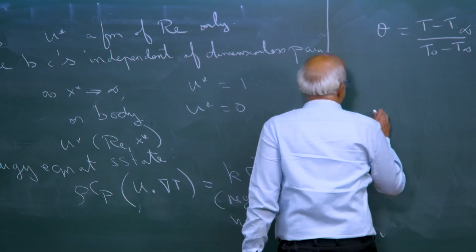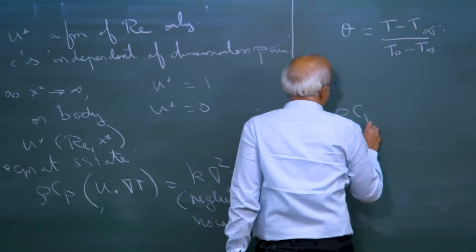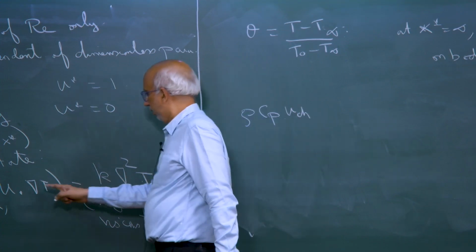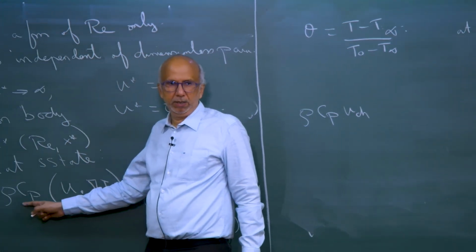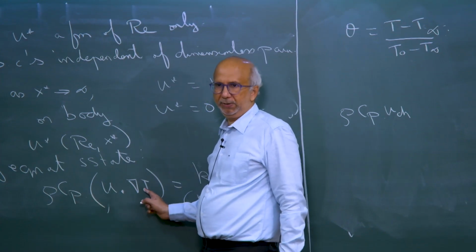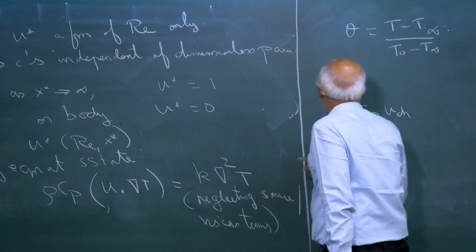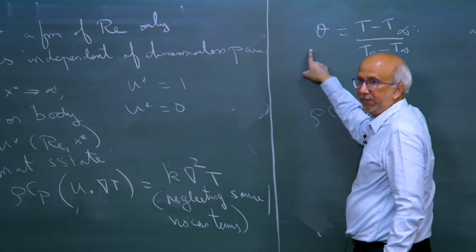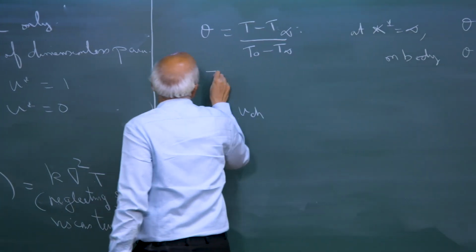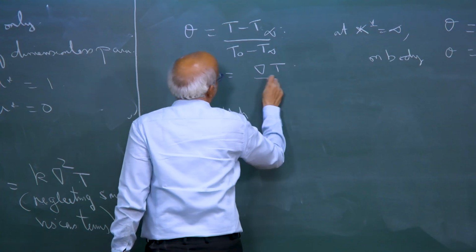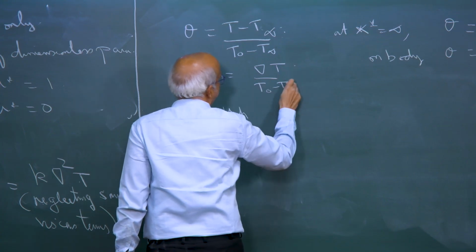So, I again make it dimensionless: rho Cp u characteristic, with L coming out. When I make temperature dimensionless, the gradient of temperature will be T naught minus T infinity times the gradient of theta. Can you see that the gradient of theta is equal to the gradient of T multiplied by T naught minus T infinity?